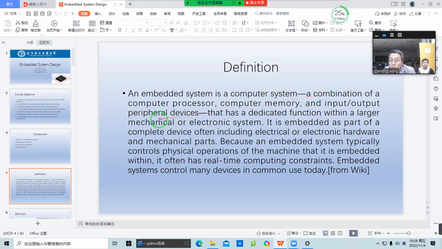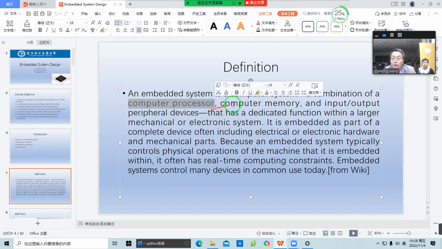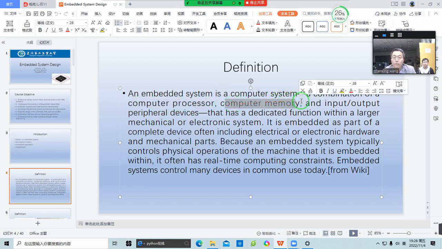It is a combination of a computer processor, which is a necessary part, then computer memory. If you don't have memory, the computer cannot run. And input-output peripheral devices. Then all these devices are dedicated within a target machine or electronic system.